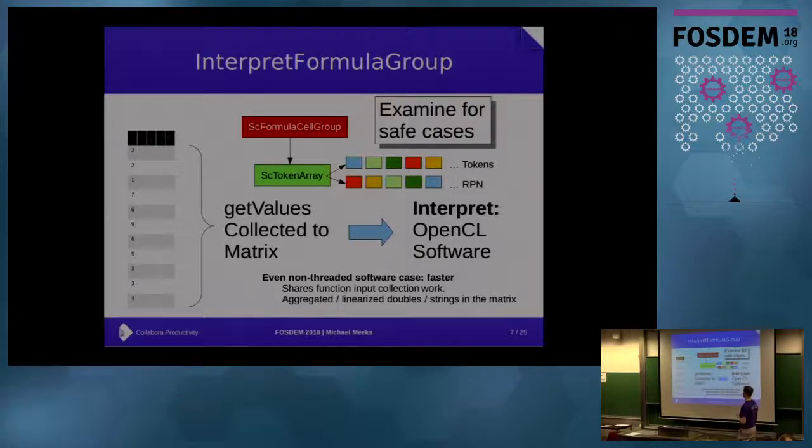And so we have some stuff now that tries to judge the weight of a formula. How much work is it really doing? Is it a simple memory copy, in which case copying it to the GPU and back again is not going to help? Or is it a more complicated function? And then we've got a software version too that does some kind of SSE accelerated summing across these things in some nice way.